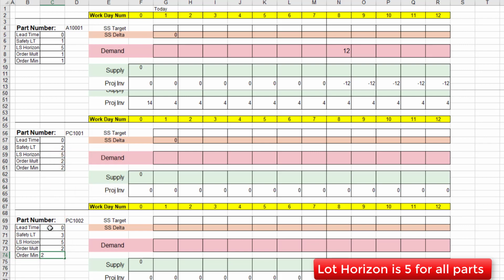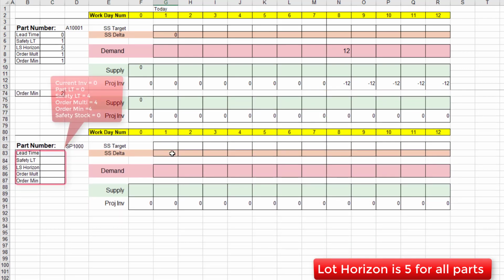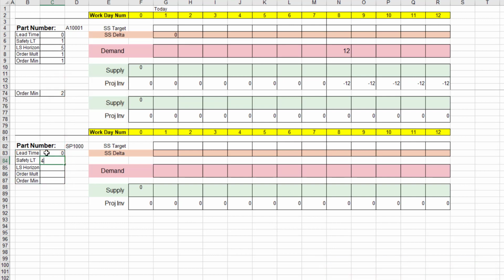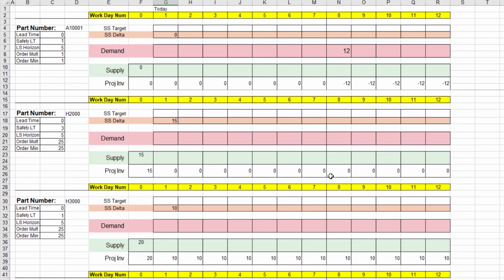SP1000 has a safety lead time of 4, 0 in supply, 4 multiplier, 4 minimum, with 0 safety stock. So that's all our sub-assemblies filled out. Now we have to discern what we need for the demand.